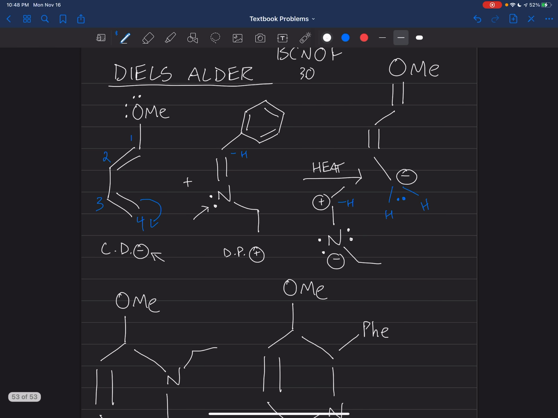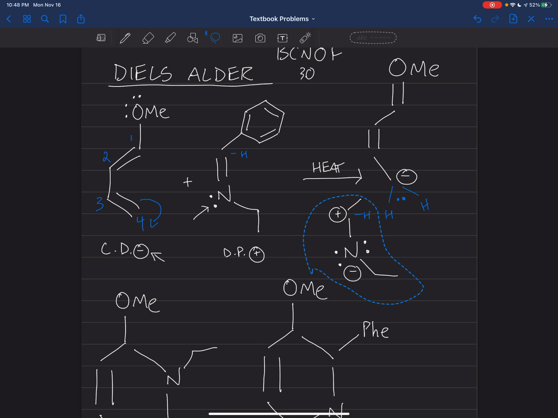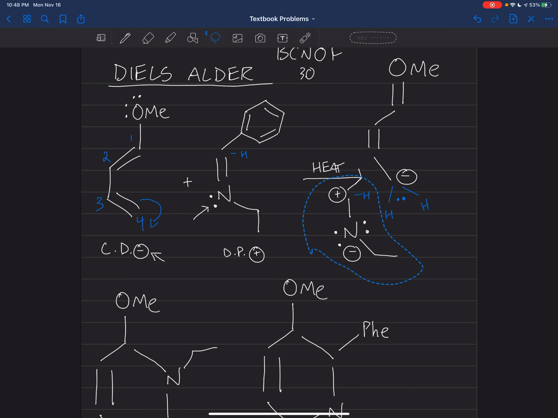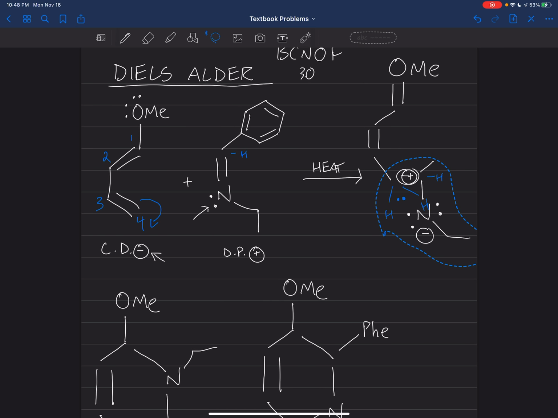Now you can kind of see where we're going here, because remember what I did in the last one. If we take this and try to attach it to this negative, we're not forming a ring. This is making this longer. This isn't forming a ring. This needs to rotate in order for everything to line up.